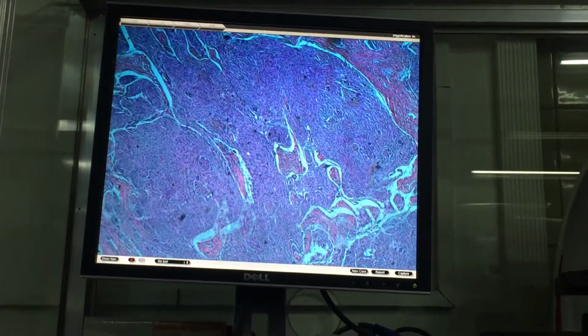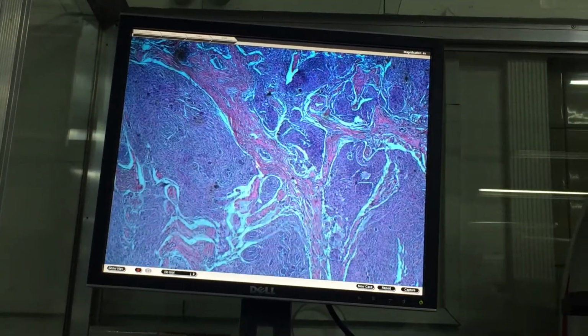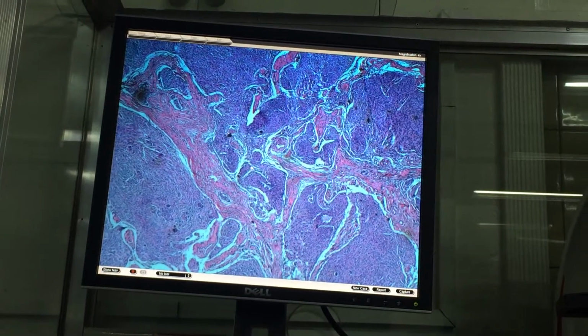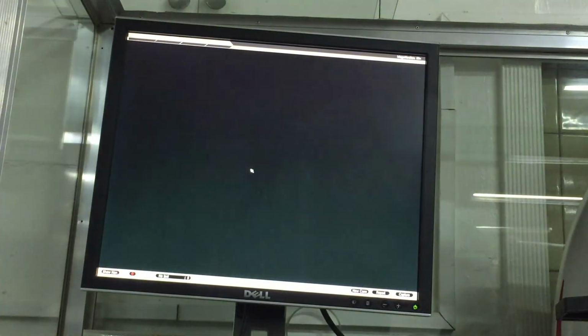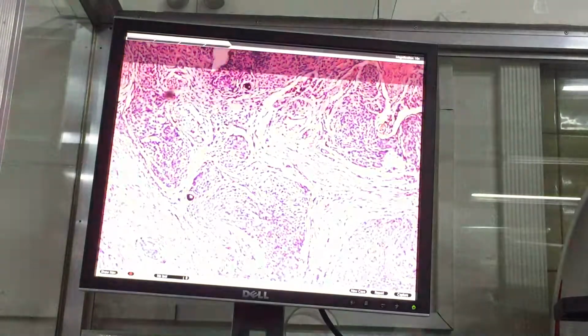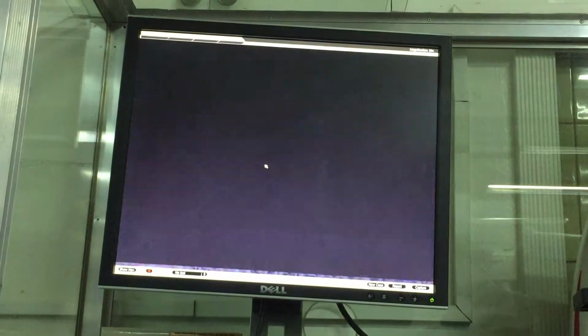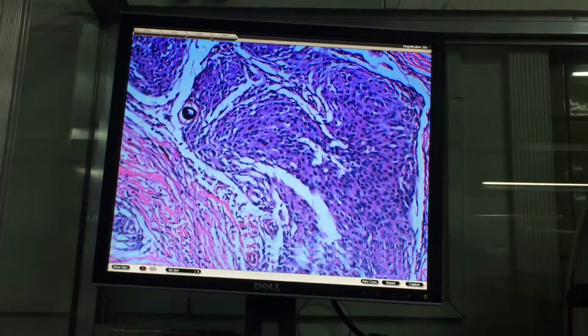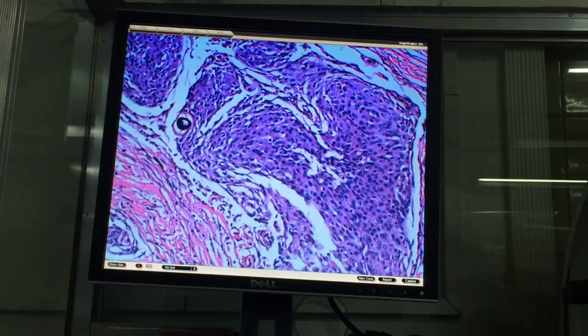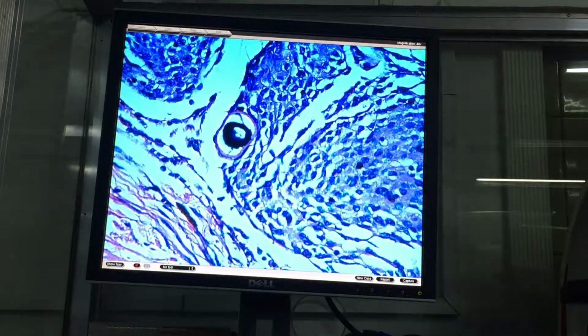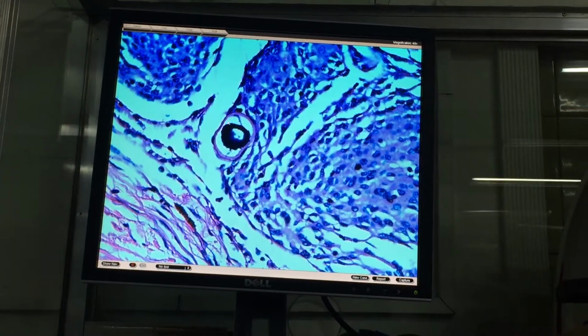What do you think? What's the lesion here? What is this?